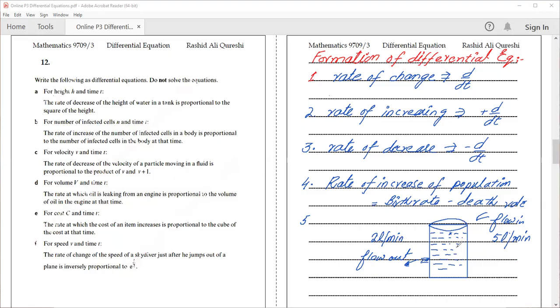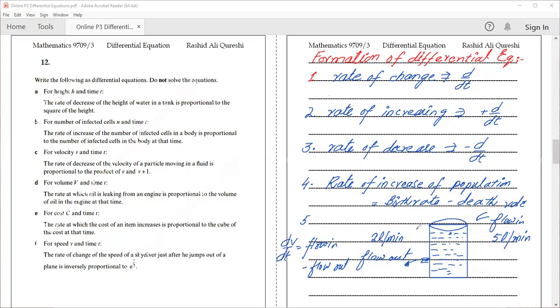So per minute, how much water will stay in this container? 5 is coming, 2 is leaking out, so 3 liter per minute will remain. So rate of increase of volume, that is dV by dt, is equal to flow in minus flow out.